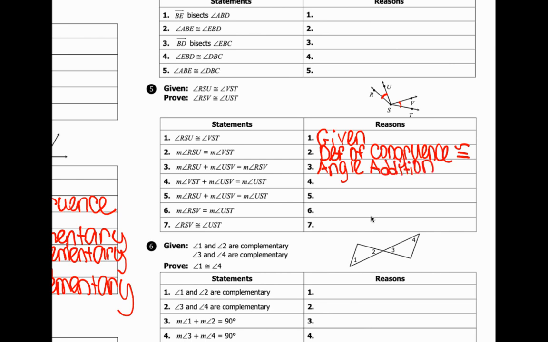Then they said, okay, so then I know that the measure of VST plus the measure of UST equals UST. So let's look at that. Now they're just using VST, the other side, plus USV equals TSU or UST. So yeah, that's also angle addition. It's just a different set of angles.